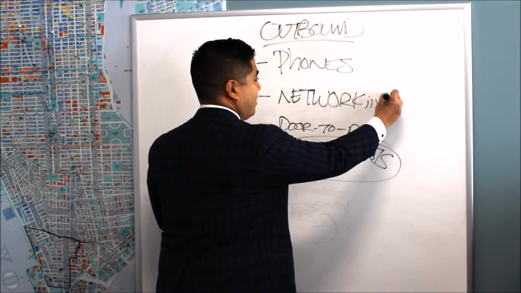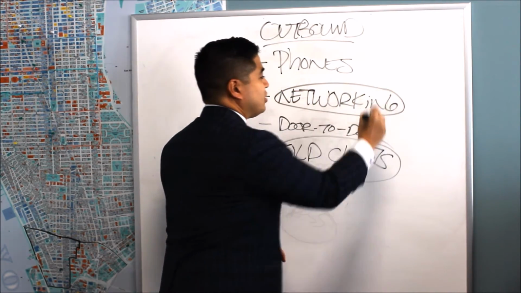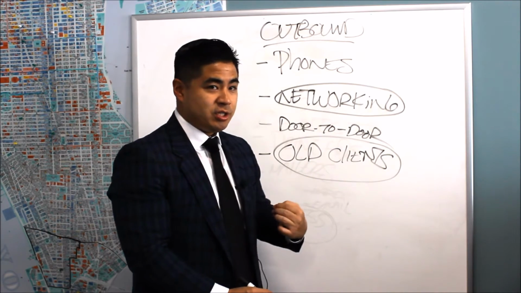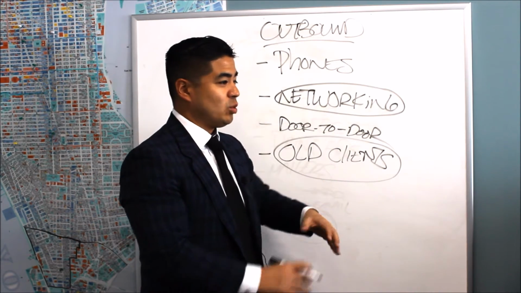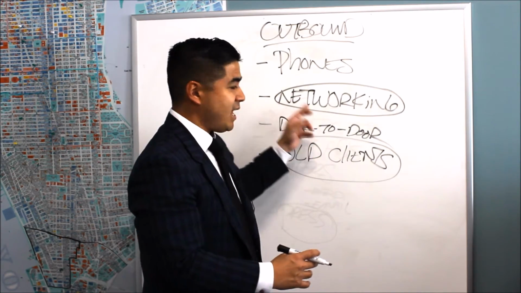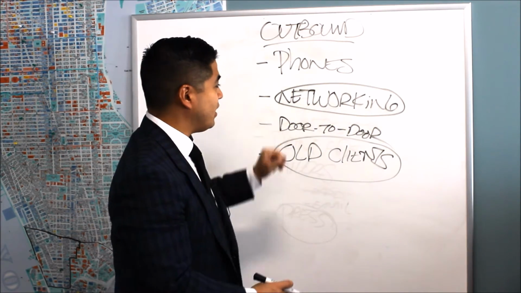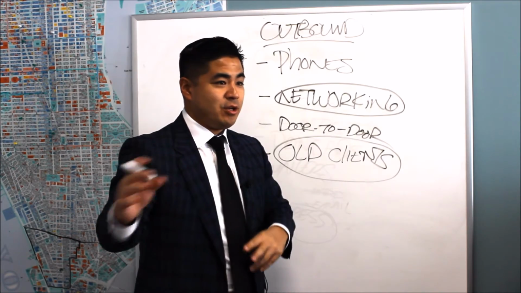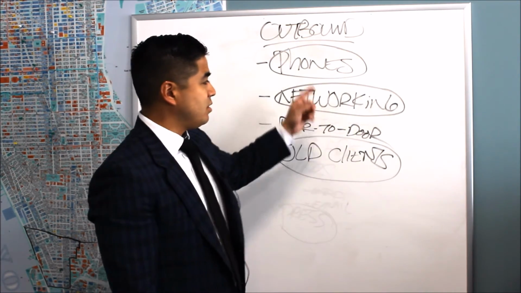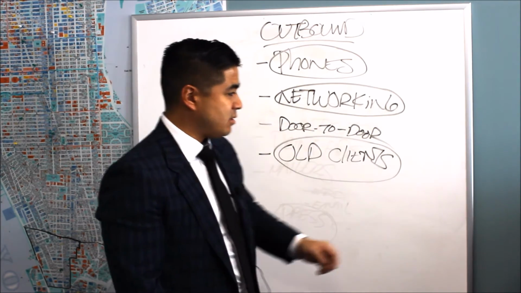The largest sales dollars, the actual money that I earned, came from old clients. The actual volume of business, the dollar amount traded, came from, I'm sorry, one side was someone I knew and the other side was from the phones. These three things.